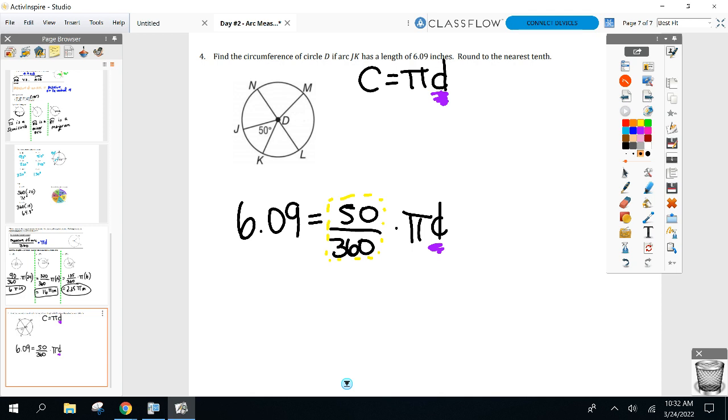Okay, one way is to multiply both sides by the reciprocal, 360 over 50. Anybody else have a different way? I just divided 6.09 by 50 over 360. Either way is going to work. Divide both sides by 50 over 360, or going back to Zach's suggestion, multiply both sides by 360 over 50. Either way, fine.